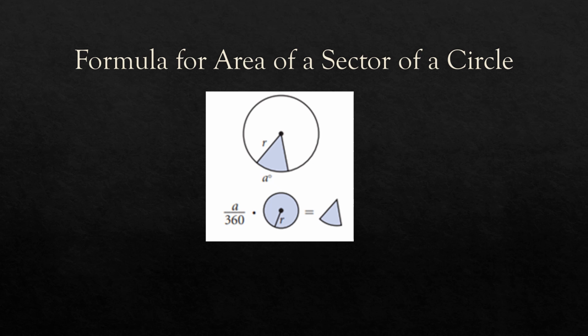That gives us the fraction of the circle that we have. The fraction times the entire circle's area, which is pi r squared, will give us the area of the sector. So the sector is just one fraction of the circle. What fraction is it? It is the arc measure over the whole circle, which would be 360.